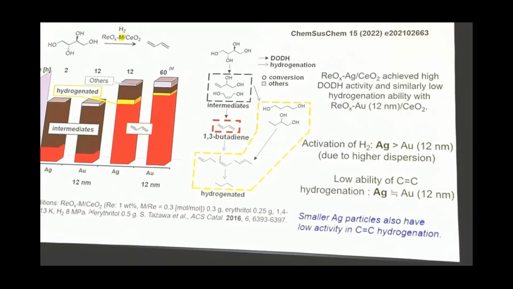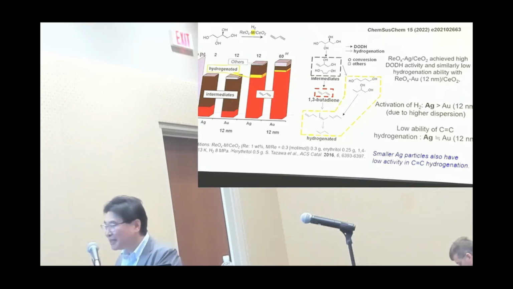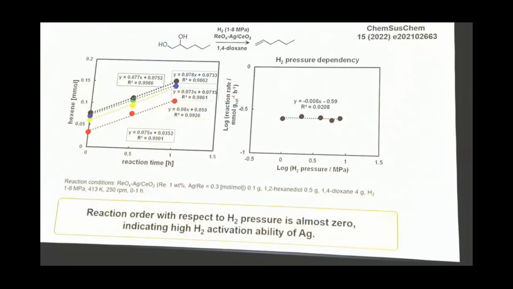Another important point is the low ability of C=C bond hydrogenation in the case of the silver, and smaller silver particles also have an impact on C=C bond hydrogenation. On the other hand, the high hydrogen activation ability is achieved by using the silver particles.